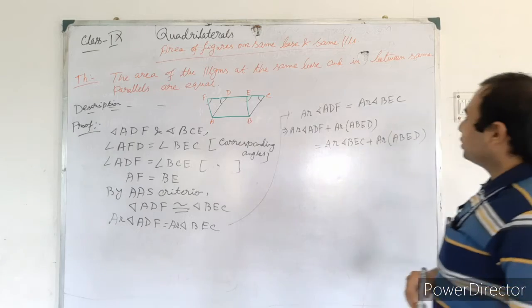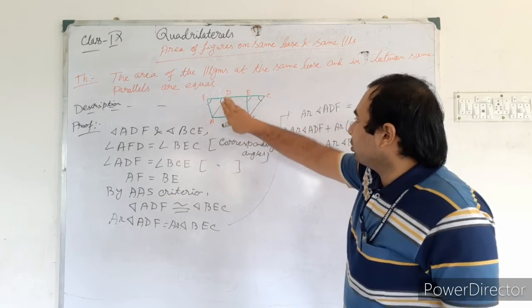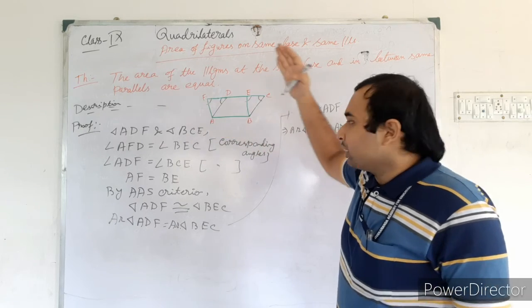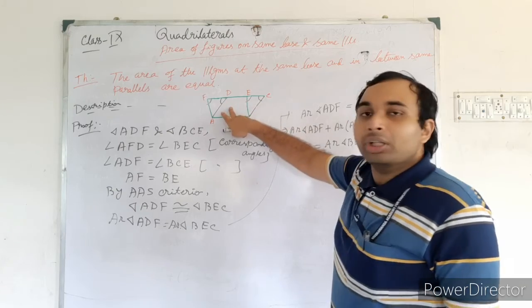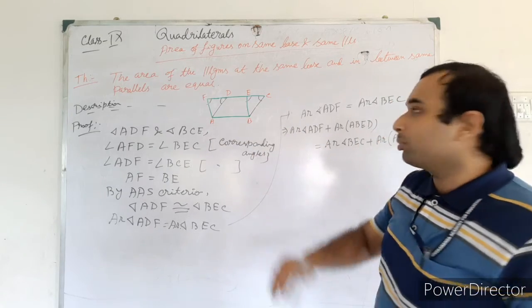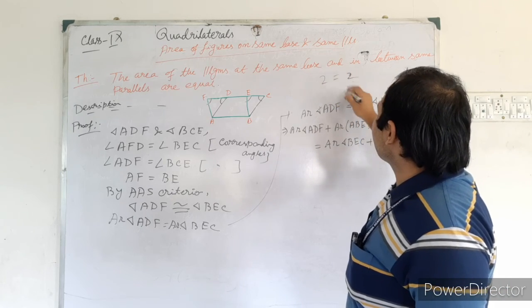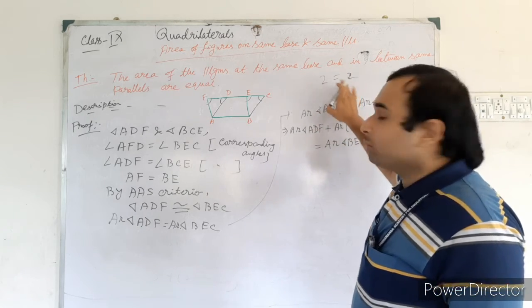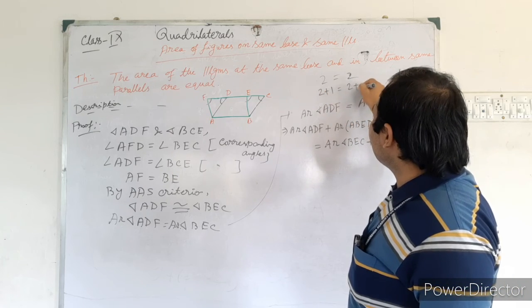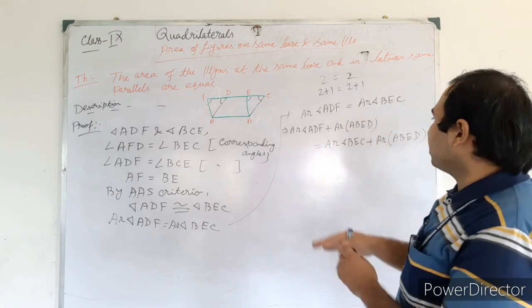Actually, this is one figure, so to two equal quantities we are adding one equal quantity. Just as in the number system, if 2 equals 2, and we add 1 to both sides, then 3 equals 3.